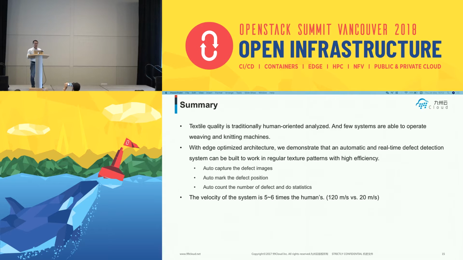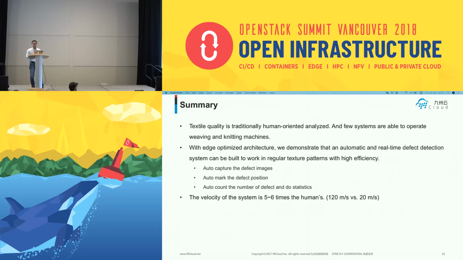We can automatically capture the defect image and get a report of the defect. We can also get the precise defect position, and we can even operate the machine in real time to remove the defect. During our POC, we found that our system is 5 to 6 times faster than humans.